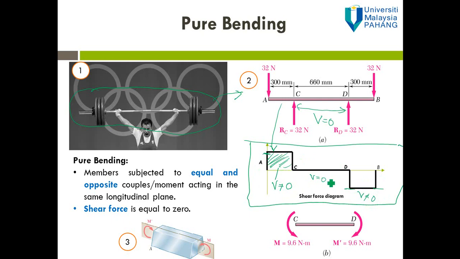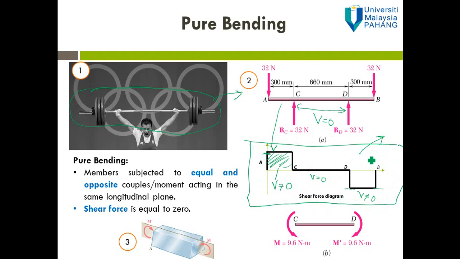Here, don't worry if you don't know how to draw the shear force diagram, because the way to draw the shear force diagram will be discussed in the next chapter.